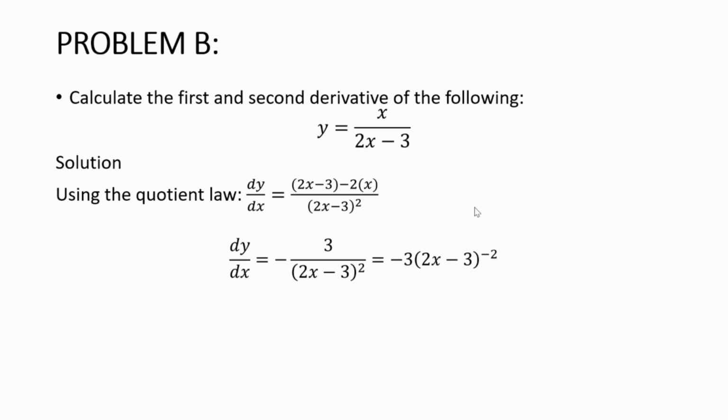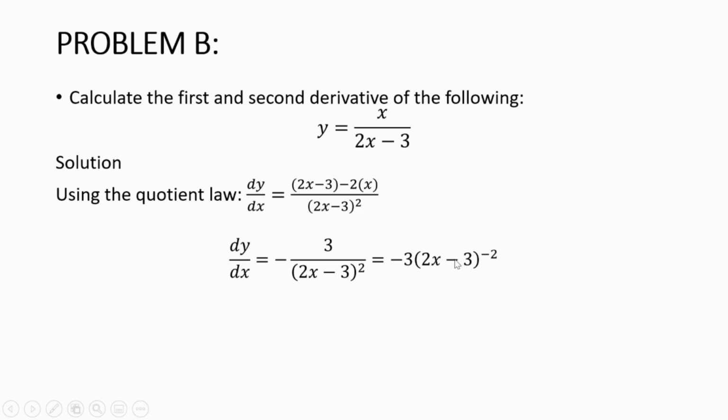Now, for me to do the second derivative, I'm going to simplify the dy dx first. If I take the 2x and minus the 2x, I'm going to end up with simply 3, and there's a minus in the front of that. Hopefully everybody appreciates that. Minus 3, that is. I'm going to write it a different way because it's going to be easier to do the derivative again if it looks almost like a polynomial.